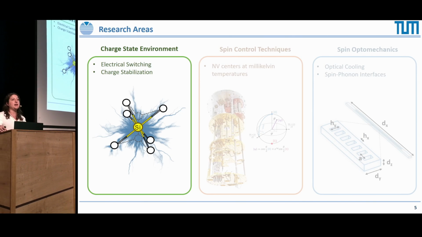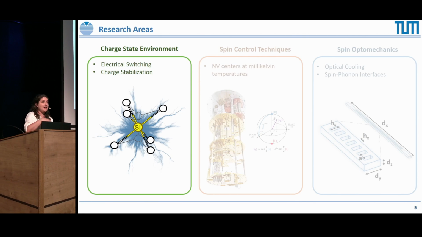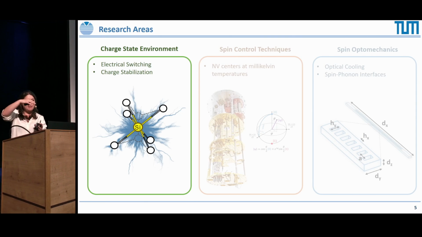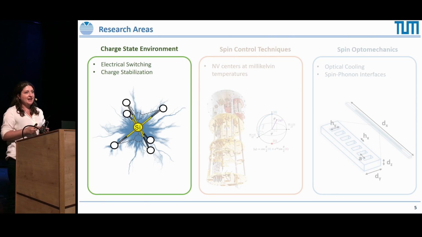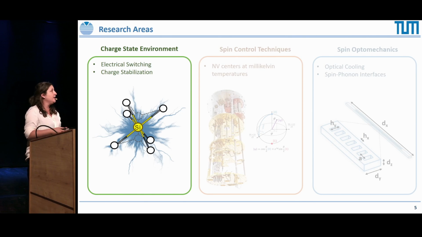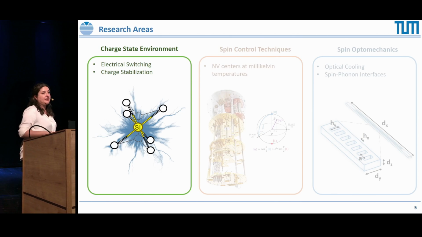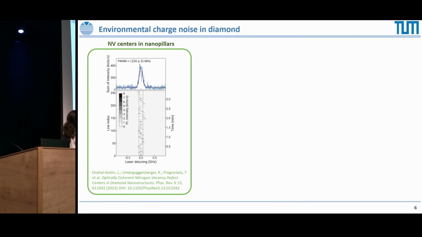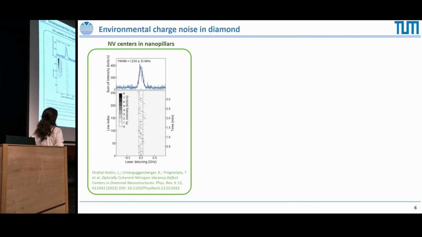By doing so, we create a lot of damage in the lattice. This damage can trap charges and induce a lot of electric noise in the vicinity of the color center, which turns out to induce a lot of optical decoherence.